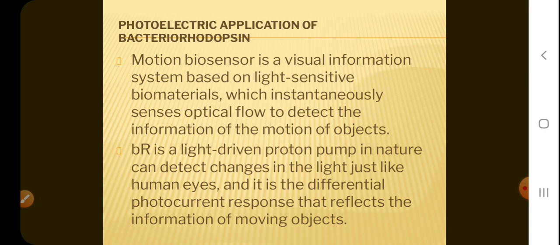Biosensor, because we are incorporating the BR layer in this. Why is this of interest? The BR layer can detect changes in the light, and this is reflected as a photocurrent response, which is useful for detecting the movement of objects.